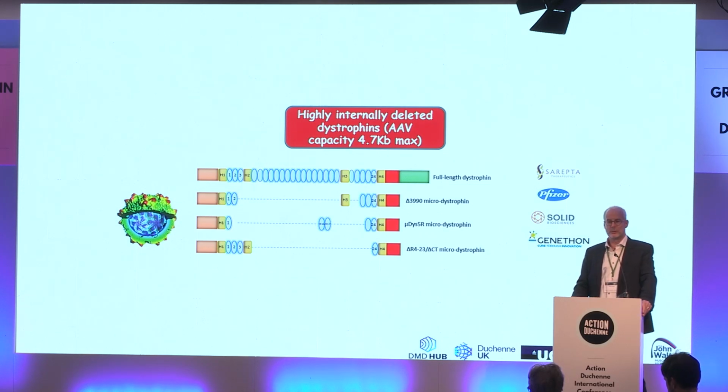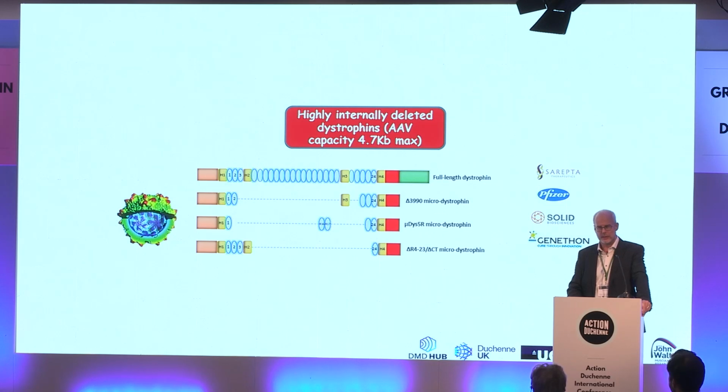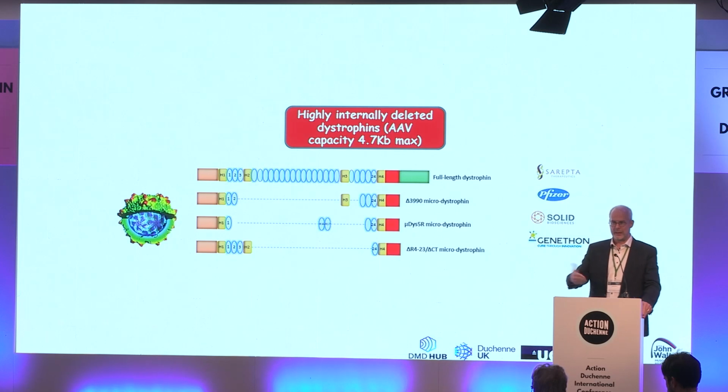Now for Genethon, for all of those who were here yesterday and listened carefully, I mentioned that there is already a natural history study taking place in the UK. That's the one where it's a bit difficult to recruit because of the inclusion criteria of the body mass index, that one of the inclusion criteria is to have a body mass index below 75%, which is difficult with steroid treatment in Duchenne muscular dystrophy boys.